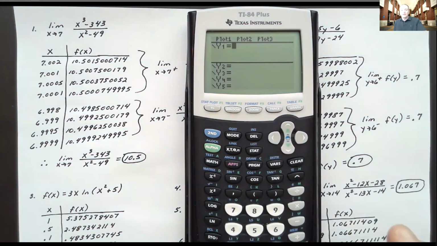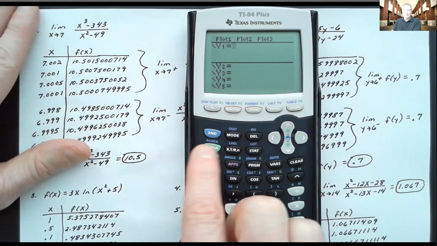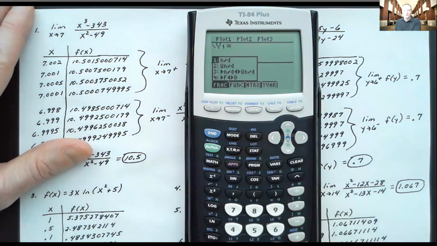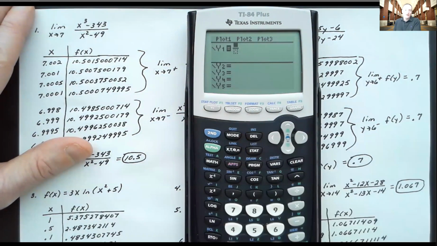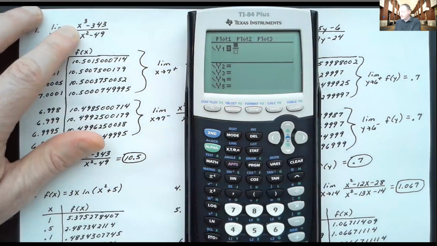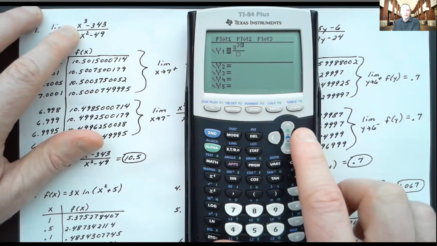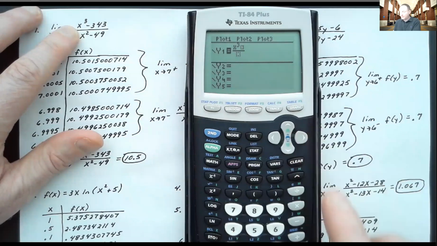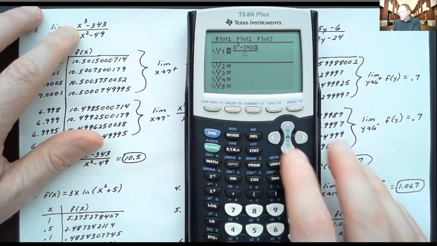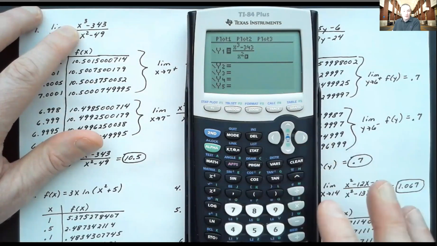I think it's probably better, especially if you're on a calculator that has the fraction key, you just hit alpha y equals and do the fraction. Otherwise, just remember to keep parentheses around your numerator and parentheses around your denominator. It would have to be there. This just keeps us from needing to worry about that as much. We have x cubed minus 343, and we're dividing that by x squared minus 49.